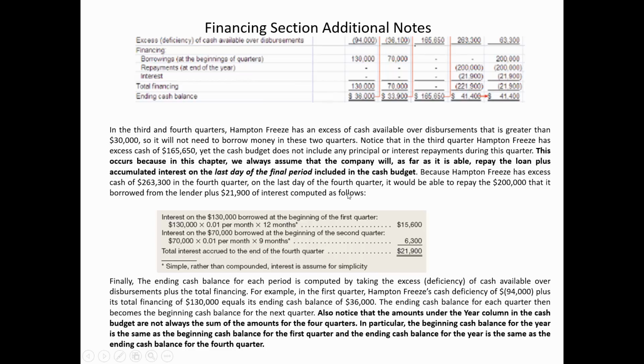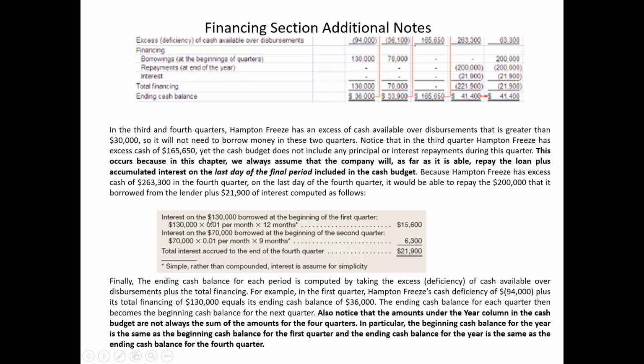Because Hampton Freeze has excess cash of $263,300 in the fourth quarter, on the last day of the fourth quarter, it will be able to repay the $200,000 loan it borrowed from the lender, which is the $130,000 plus the $70,000, and then it will also be able to pay back its interest.